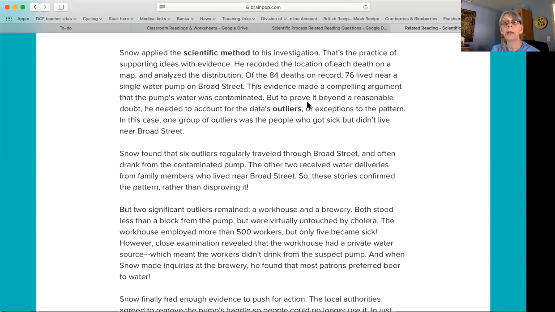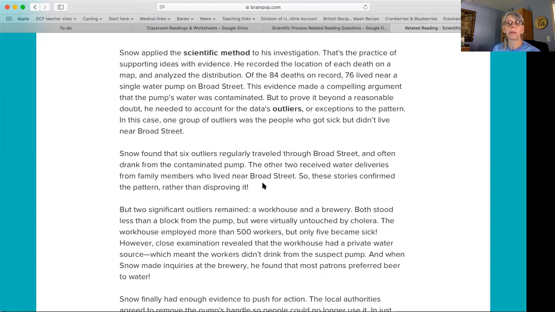But to prove it beyond a reasonable doubt, he needed to account for the data's outliers or exceptions. One group of outliers was the people who got sick but didn't live near Broad Street, but he found that they regularly traveled there and often drank from the contaminated pump.